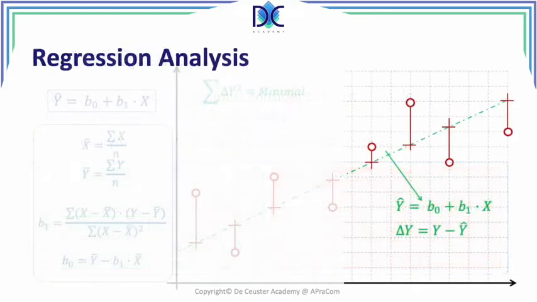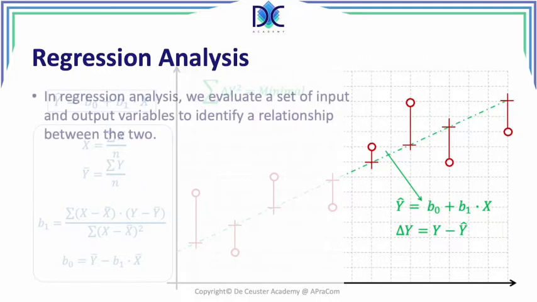The next element that we can consider when we are looking at quality, and it's also part of statistics, is what we call a regression analysis. We try to evaluate a set of input and output variables to identify relationships between the two. Here is an example of a linear regression, which is called the least square methods.